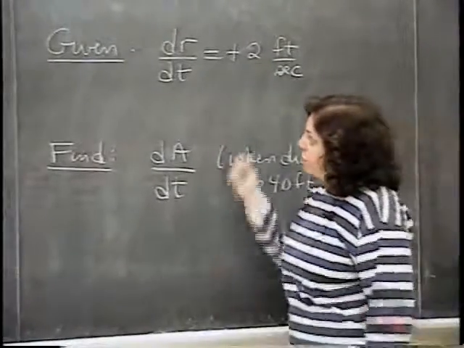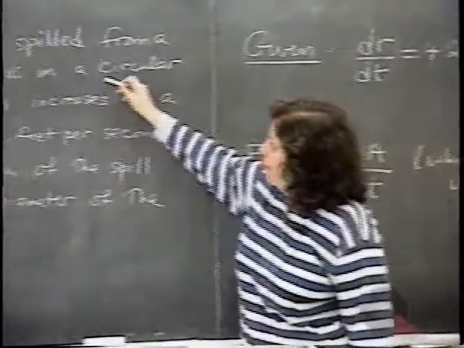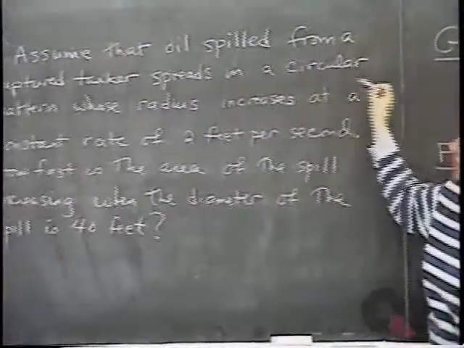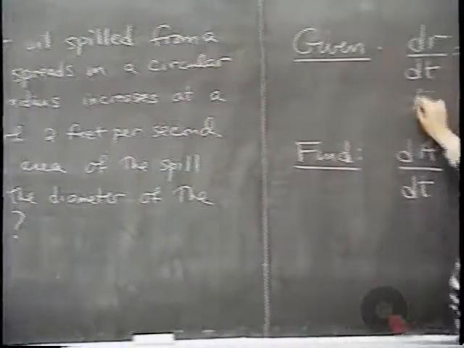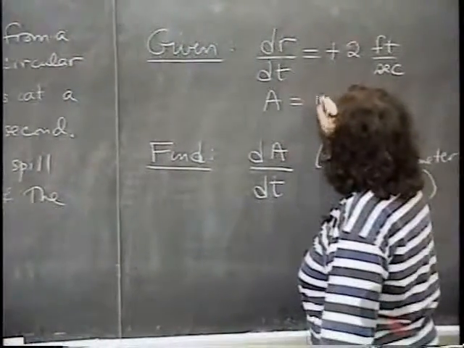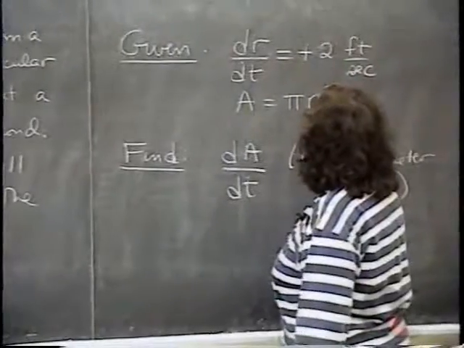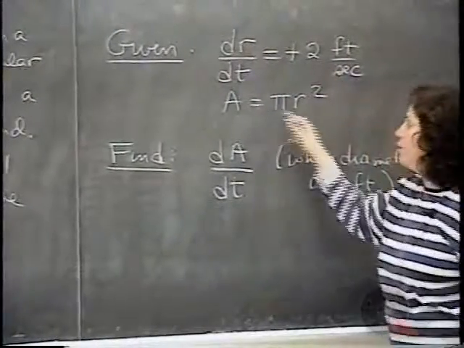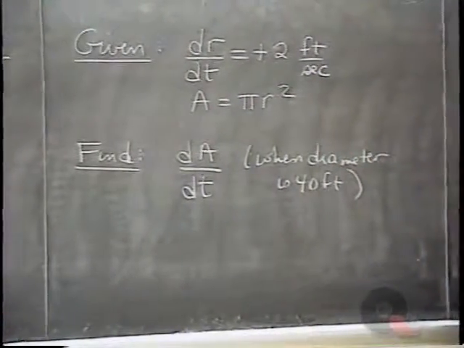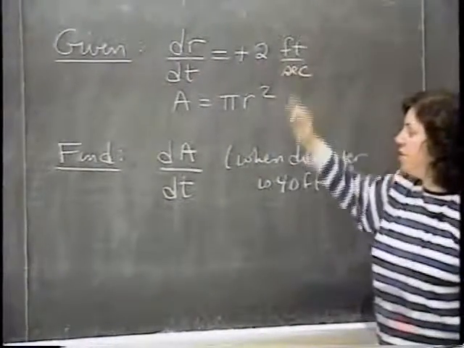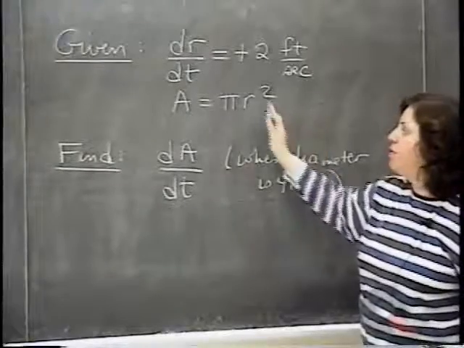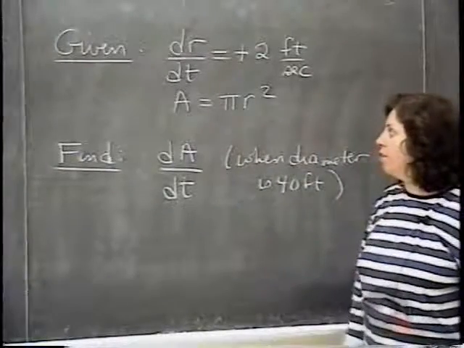The key to finding that formula is the fact that the spill is taking a circular pattern. So also under given, we can write: the area of a circle of radius r is pi r squared. So this is an ideal setup for a related rates problem. We have dr/dt, we want dA/dt, and we have an equation linking A and r.